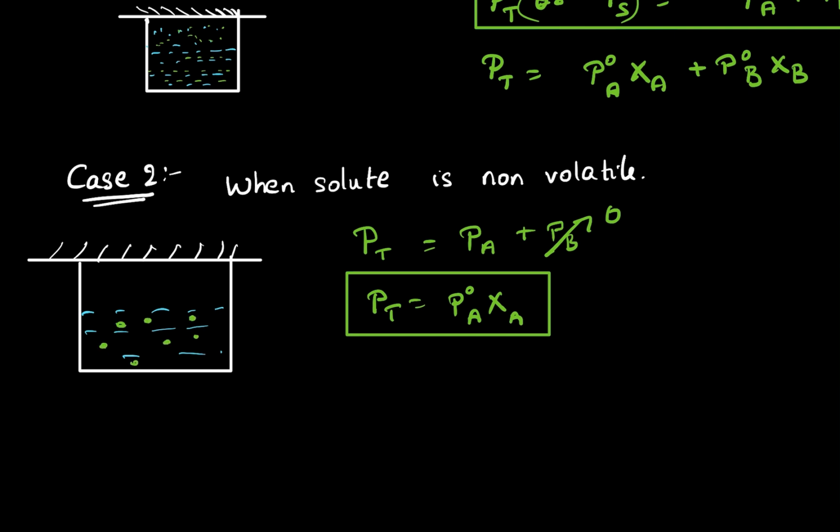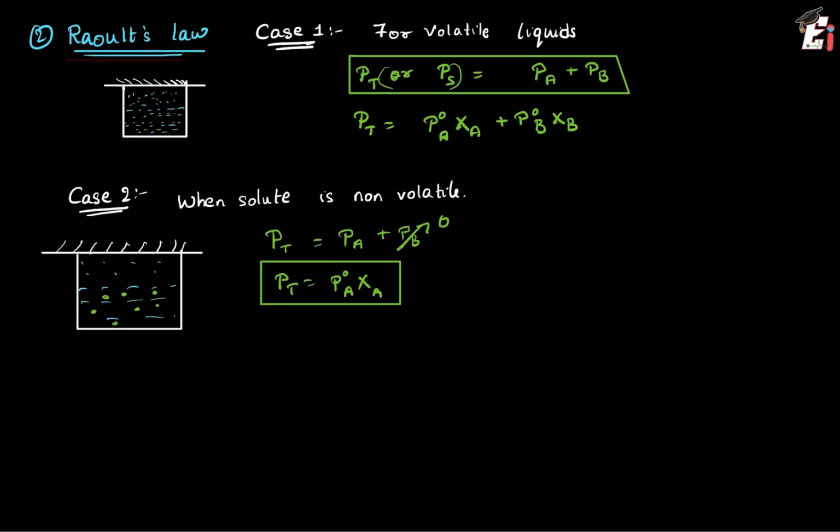This is the solute. Since solute is non-volatile, the vapor pressure will be only of the A solution. Vapor pressure will be only because of A. So this is how case 2 looks.